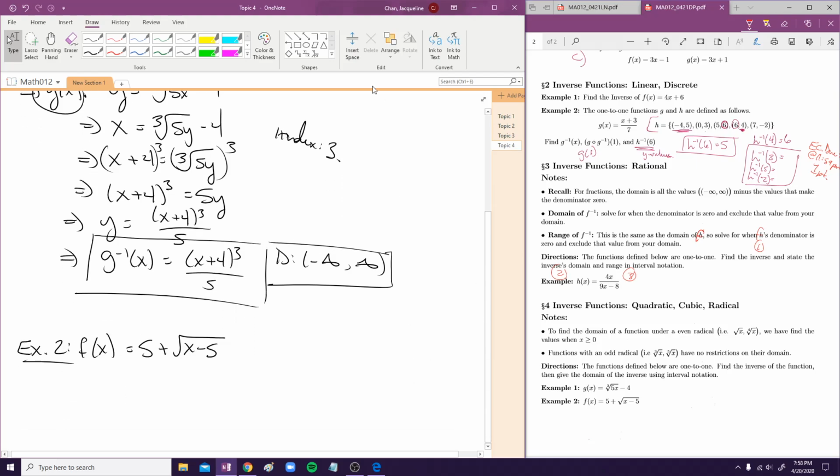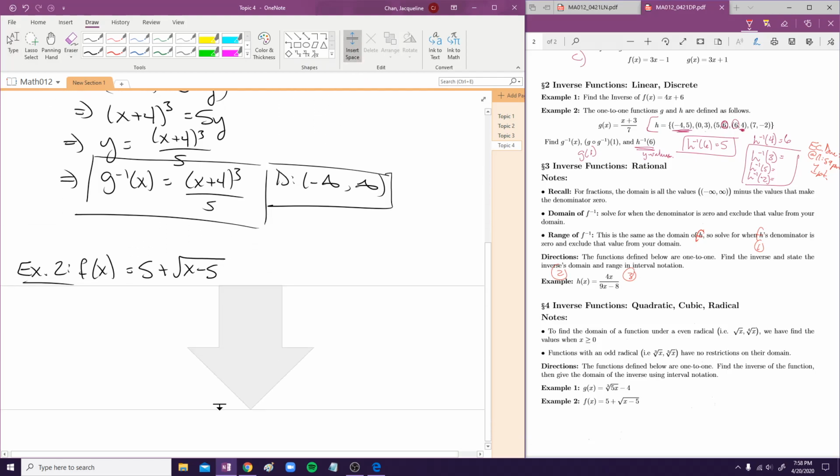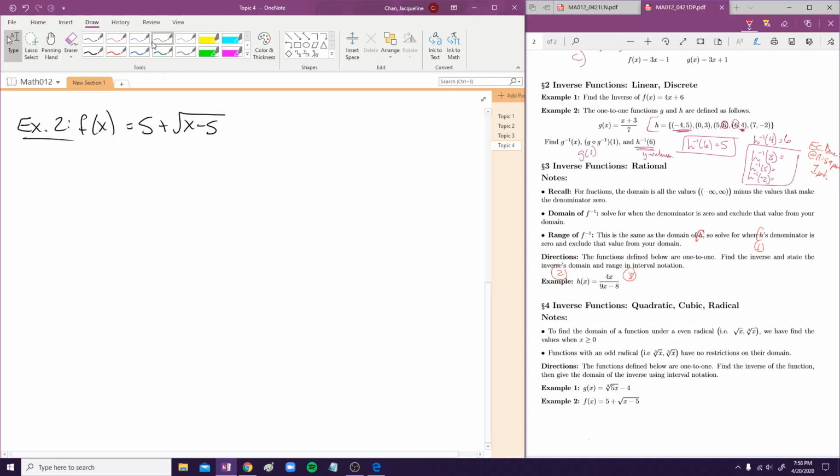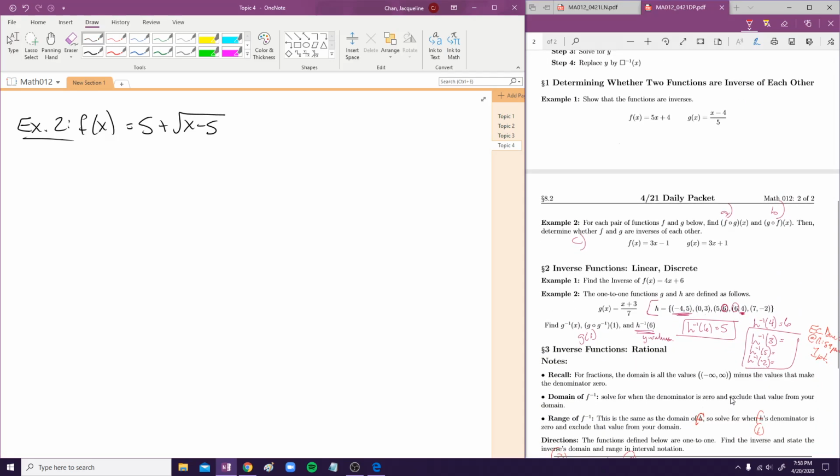And now I want to do a second example, this time with a square root. One thing I want to say: why didn't we look for the domain and range on section 2?